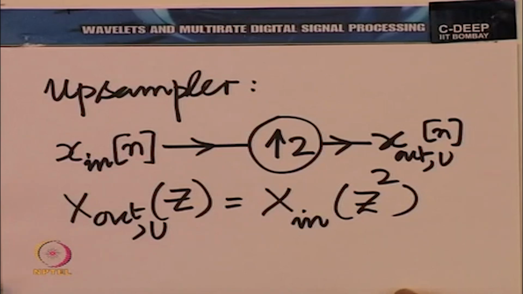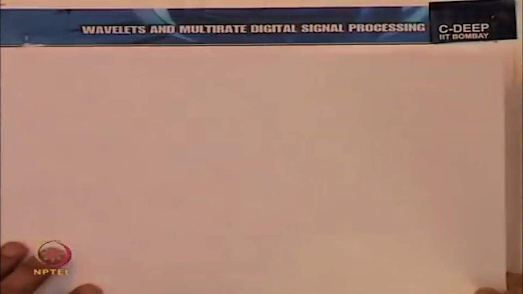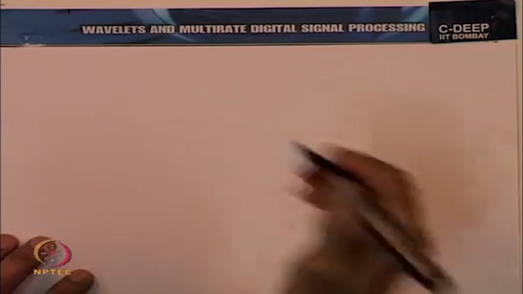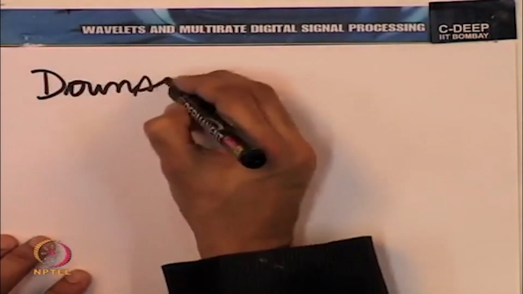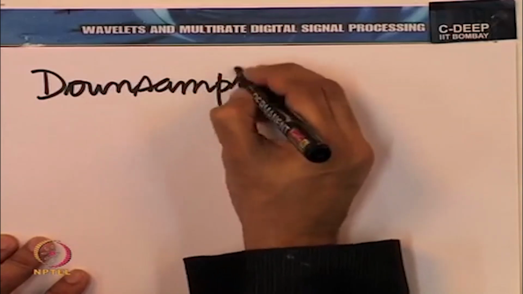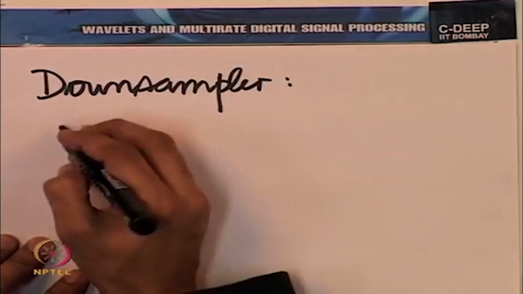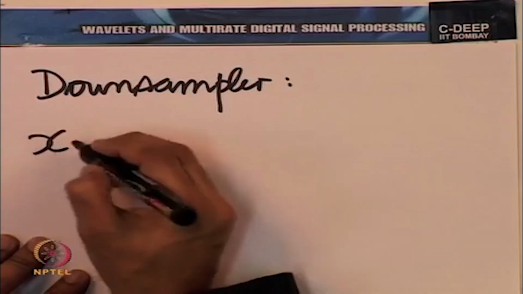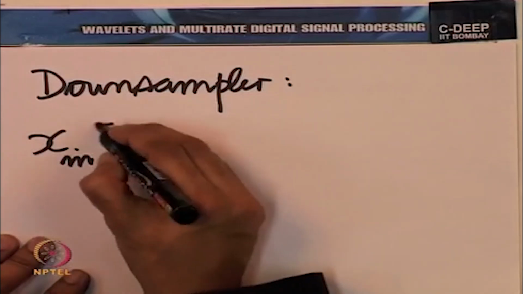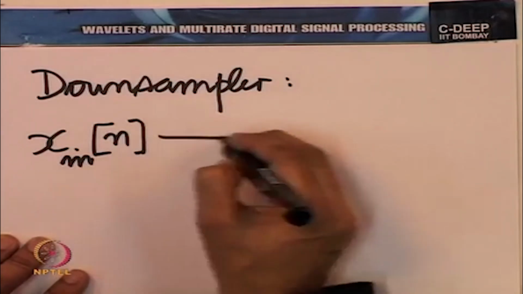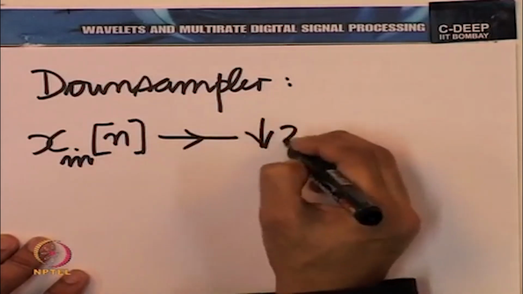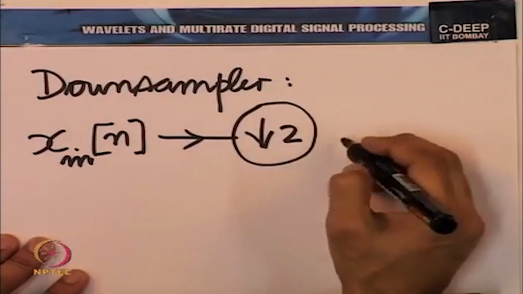Let us similarly see what happens when we go past a downsampler. So, for the downsampler by a factor of 2, remember, we had analyzed in detail the case of a downsampling by factor of 2. We had indicated how to generalize, but it was a little more complicated.